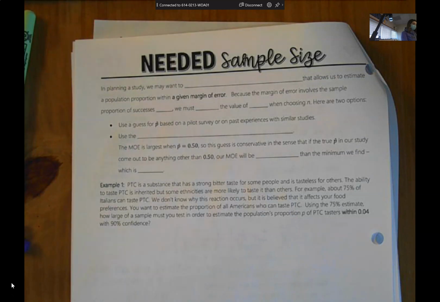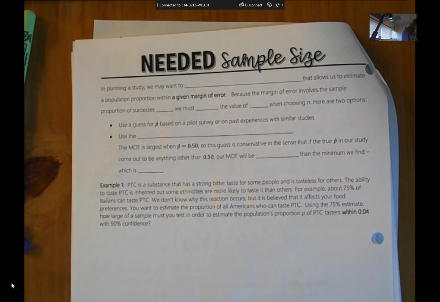Where are you at? Okay, when planning a study, we may want to choose our sample size. So we might want to have control over how many people we sample.